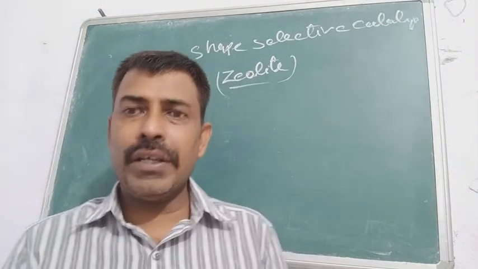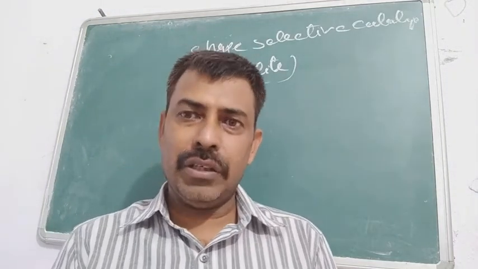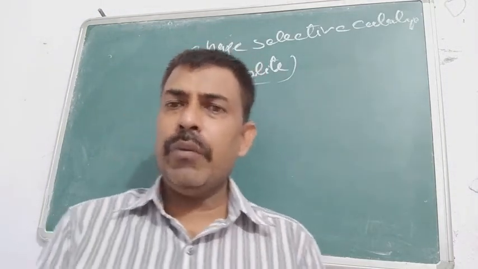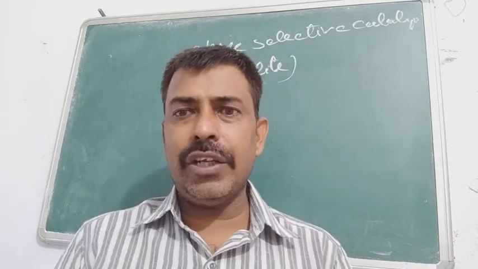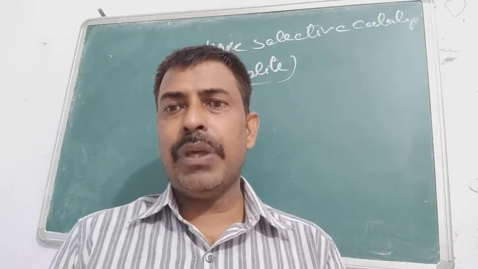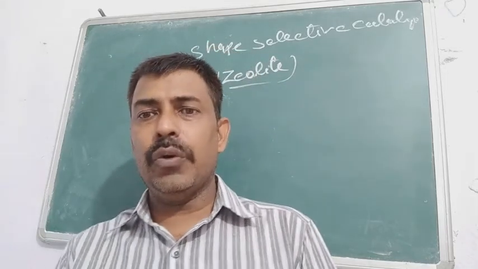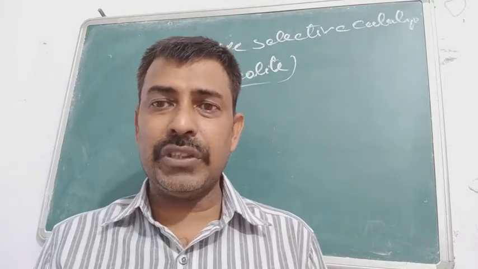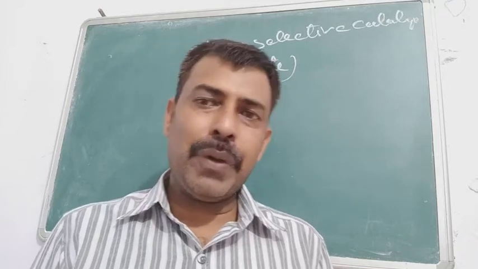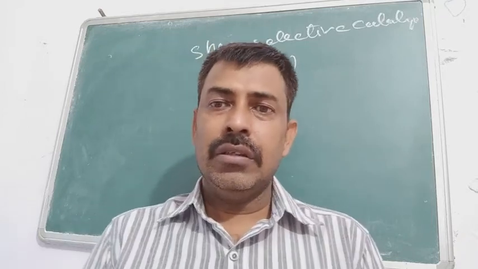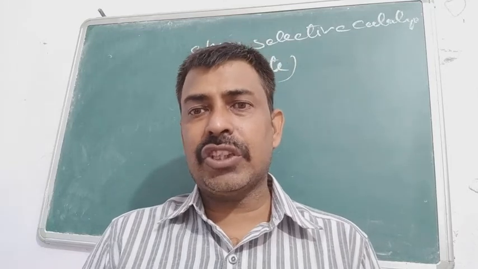Now, what is the uniqueness of the zeolite? What is the special feature of the zeolite? As we have already discussed in class 11 in the p-block elements, zeolites are known for their specific surface shape, called the honeycomb-like structure.